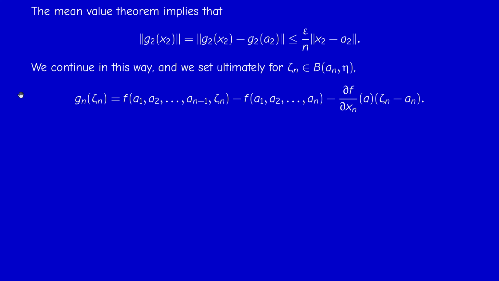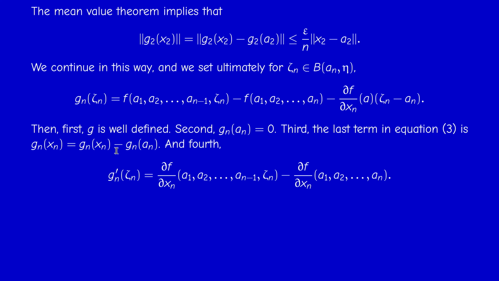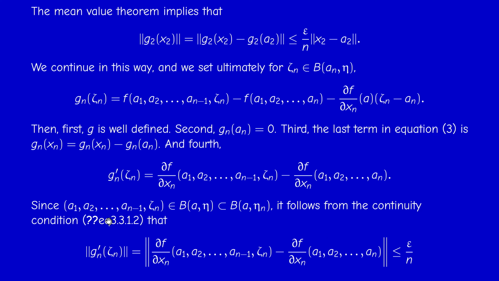So we set gn of zeta n to be the last line, but with xn replaced by zeta n, of course. So again, this is well defined. It vanishes at an, and the last line is gn of xn. Gn is differentiable, and we have the same formula. And our choice of the parameters implies that we can apply, sorry, there's an error here, equation 2.